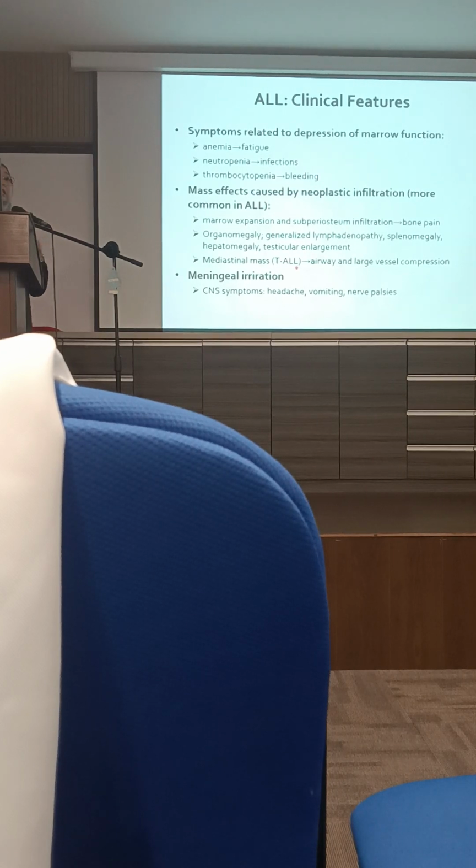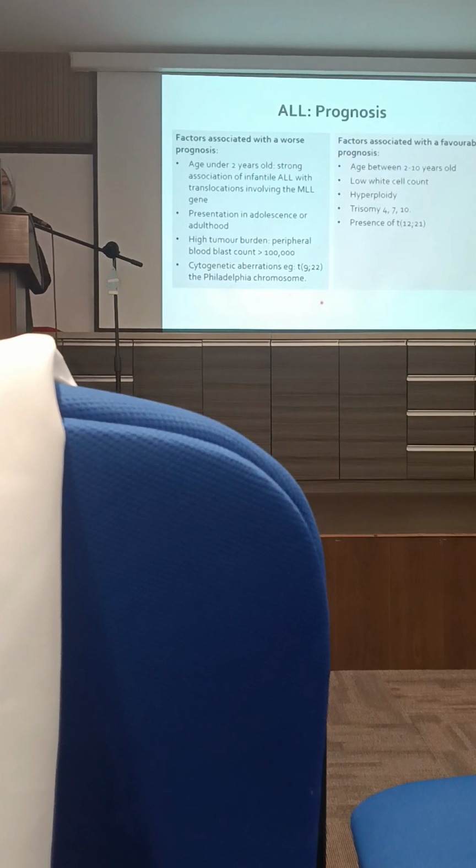A mediastinal widening or enlargement, which compresses your airway, causes large vessel compression. And it can even go up to the brain, causing meningeal irritation, with CNS symptoms being headache, vomiting, and if it's worse, it can cause some nerve palsies.